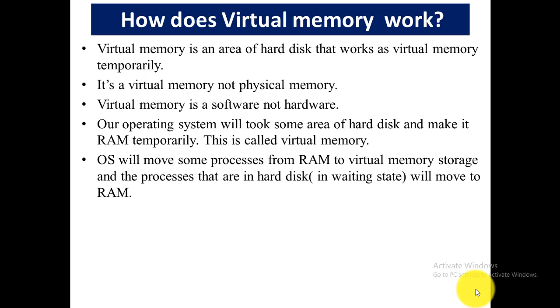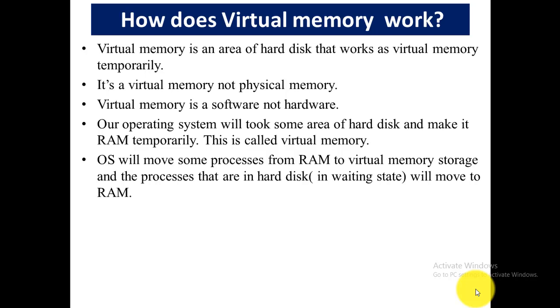It will move the low priority tasks, the applications that are not currently in use, such files, processes, and programs, to the virtual memory storage space, that is a hard disk part, and the processes that are in the hard disk in waiting state will move to RAM.